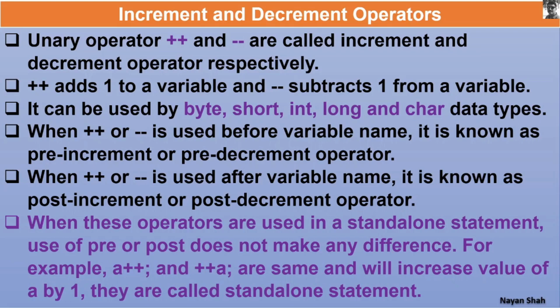Whenever used with a variable, plus plus will increase the value by 1 and minus minus will decrease the value by 1. But that doesn't mean typing plus plus plus will increase the value by 2, or minus minus minus will decrease it by 2. No, there is no such operator. It is only plus plus and minus minus to increase by 1 or decrease by 1 from a variable.